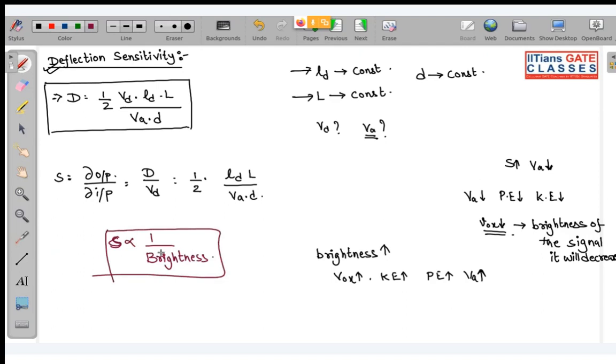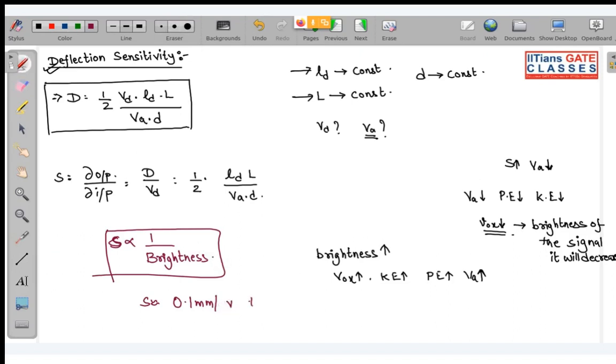Clear? So usually sensitivity, I think just check once. I think it is 0.1 mm per millivolt, and I think what, millivolt or volt? No, it's volt.